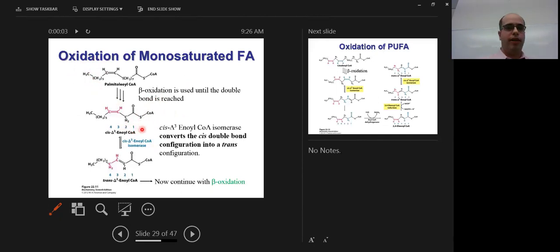Again, not important, you just need to know the name. This essentially turns the cis double bond into a trans double bond, which is very similar to one of the intermediates involved in beta oxidation. Then you'll just continue on with normal beta oxidation as if this was the natural intermediate. So it's very easy to handle a monounsaturated fatty acid. It's just a little sidestep from your basic beta oxidation.